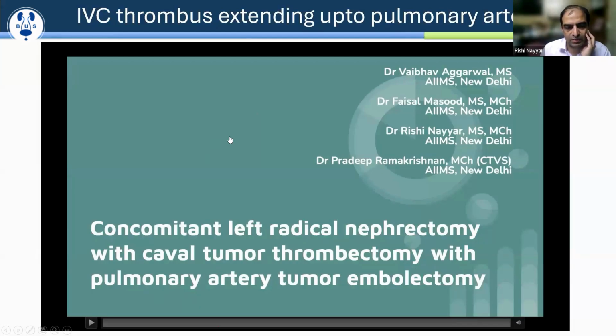An embolus splits from the main tumor thrombus and goes into the right ventricle, and then lodges in the pulmonary arteries. Now, these pulmonary artery tumor emboli should not be considered as metastasis. They can be removed in the same sitting, and they generally have the same prognosis as level 3C thrombi.